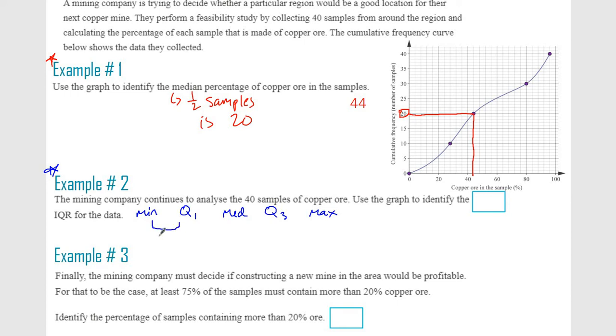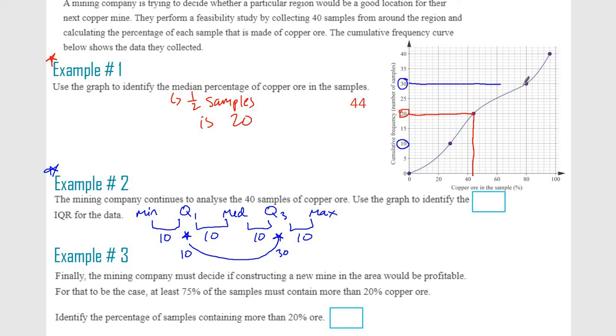In each section we have 10 samples. What we want is the interquartile range, so from 10 samples to 30 samples.